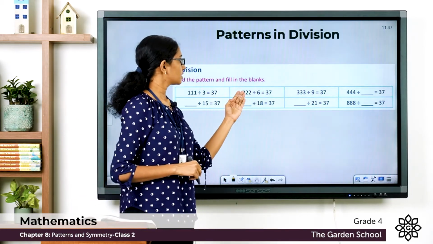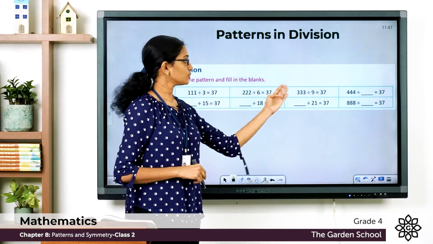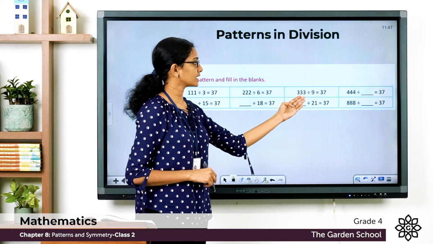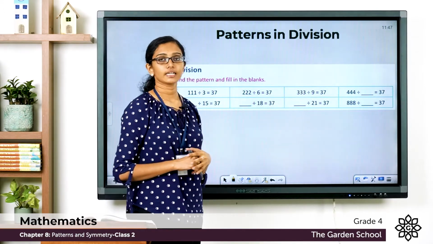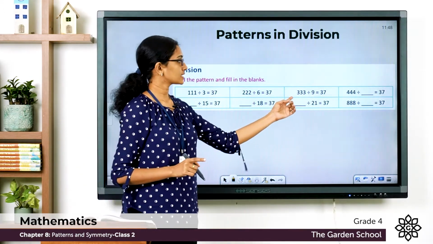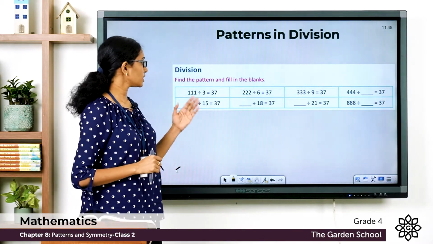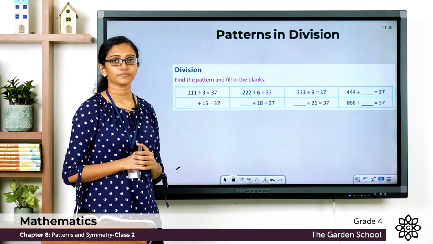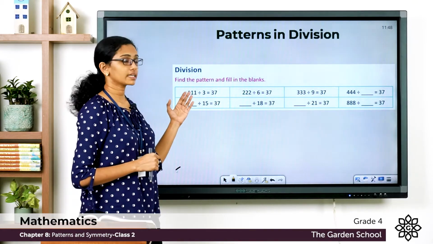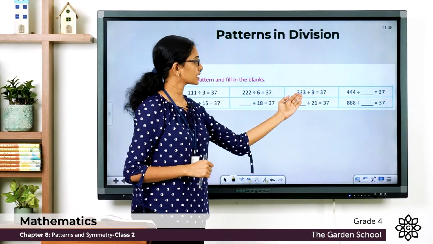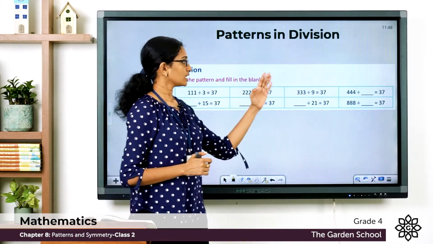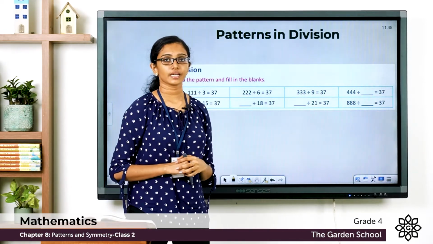Here, after 222, the dividend becomes 333 divided by 9. Here, the dividend and the divisor have tripled from that of the first division fact. The first dividend was 111 and it has tripled in this case. Even then, the quotient remains the same.